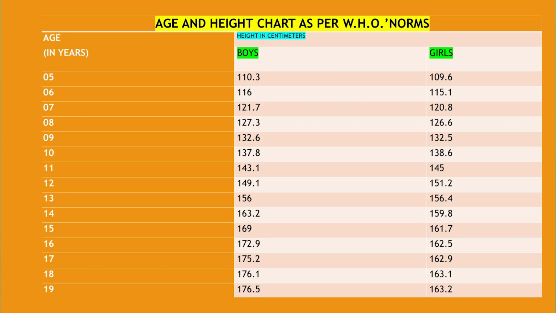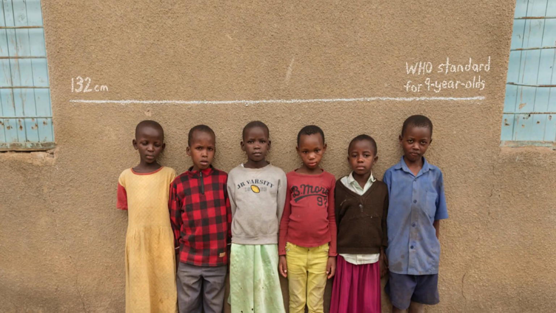That makes sense, because when you use this index of age and height under the technique of anthropometry, you should always look at it separately for each sex. That is very important.